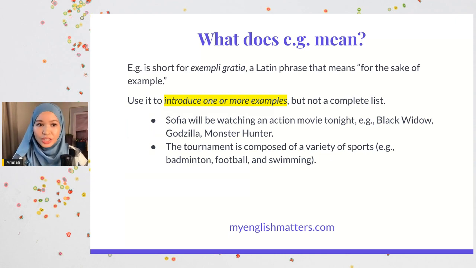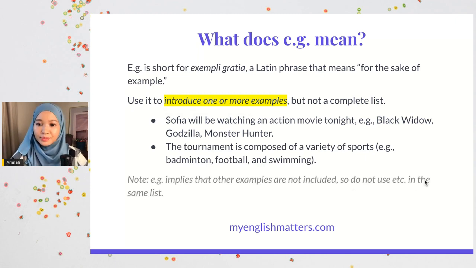Sophia will be watching an action movie tonight. For example, Black Widow, Godzilla, Monster Hunter. So I'm giving examples for the action movie that she's going to be watching. The tournament is composed of a variety of sports, for example, badminton, football, and swimming. Okay, I hope that's clear.